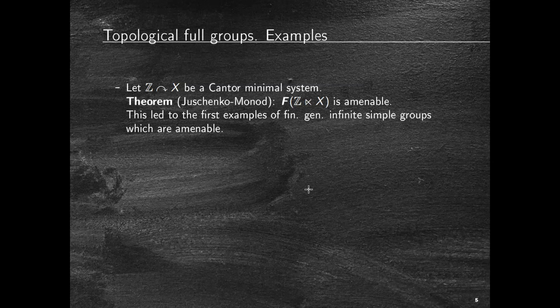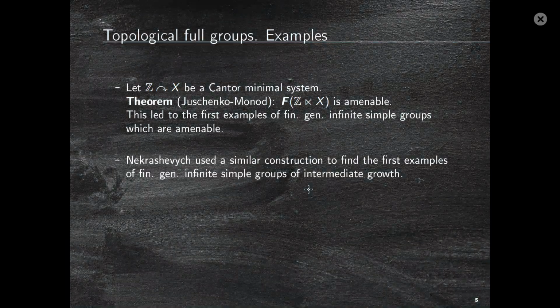Then more recently, Nekrashevych was able to produce an even stronger result. Using a similar construction, looking at slightly more complicated groups acting on the Cantor space and then constructing the full groups, he found the first examples of finitely generated infinite simple groups which have intermediate growth.